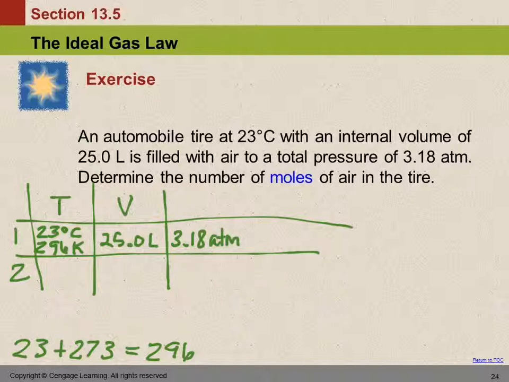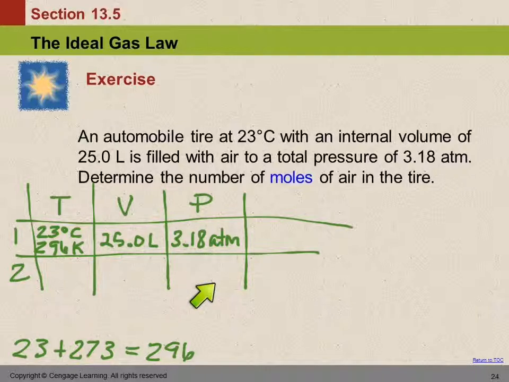It's really, really important to write the units. Okay, write the units down. What should I label this column? P, because this is the pressure. There aren't any more numbers in that problem, are there?